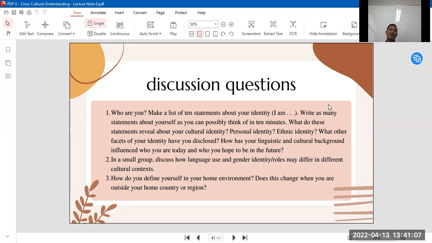Make a list of 10 statements about your identity. Second, in a small group, you may discuss how language use and gender identity roles may differ in different cultural contexts. The third one, how do you define yourself in your home environment? Does this change when you are outside your home country or region? You may discuss it at home.